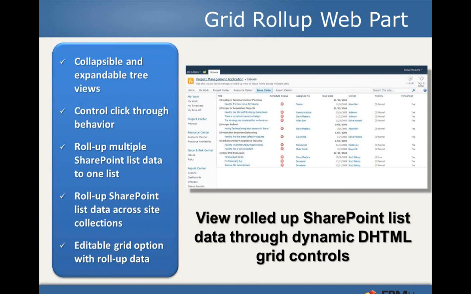If I have an issues list in each project workspace, instead of having to go to each individual issues list, I could go, for example, to an issues center and actually look at all active issues across all projects from one location. I could commingle this with risks or change requests or other things that you've got across this solution, and roll up this data into a singular view to make it easy from a higher level to monitor and access the information that would be helpful for us in managing these projects.